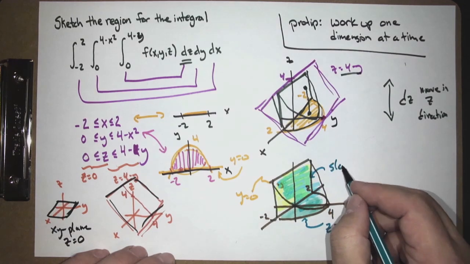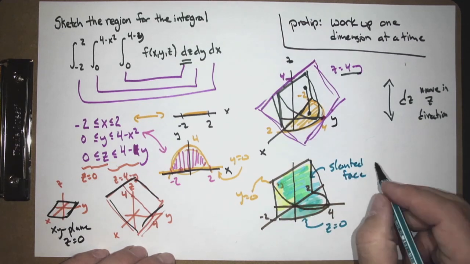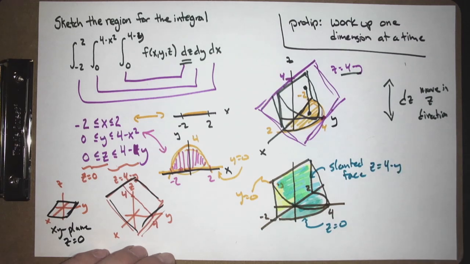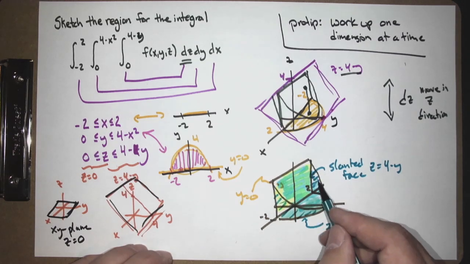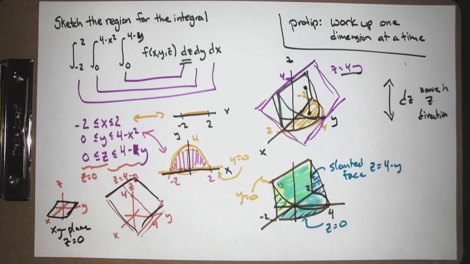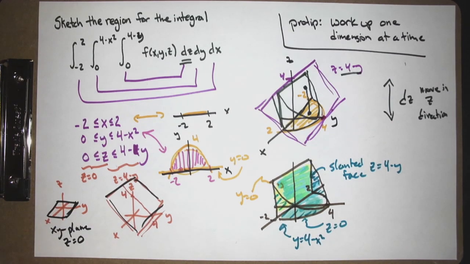But our slanted face, what is that? That's our z equals 4 minus y. And then our final thing is we have this curve. So this side here, which also comes around and becomes this side over here. What surface is that? Yeah, so it's y equals 4 minus x squared. That's essentially y equals 4 minus x squared copied up and down, because we're moving from the parabola straight up until we hit the plane.